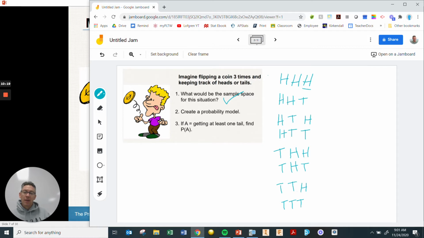To turn this into a probability model, all I'm going to do is this. Here's all my outcomes, and I'm just going to list the probabilities of each of those outcomes next to it. Because these are fair coins, if there's 8 total outcomes, the probability for each one of these is going to be 1/8.